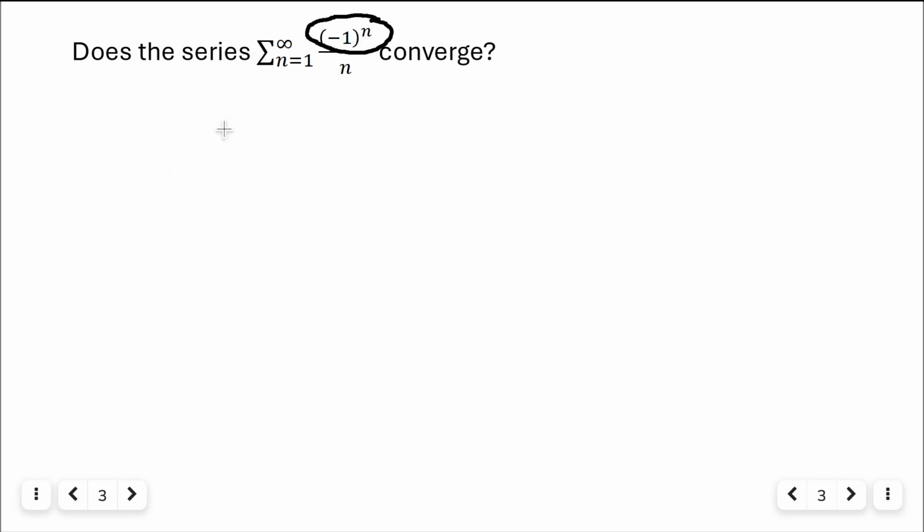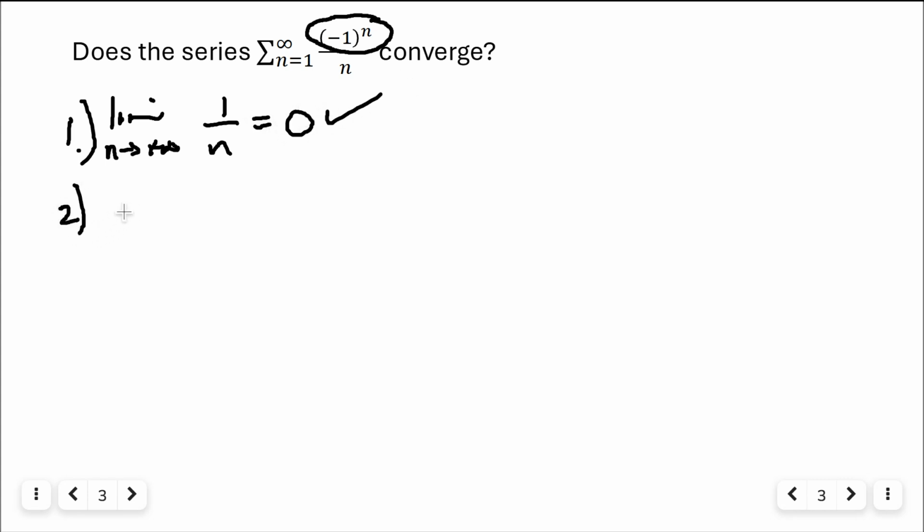But if it's an alternating series, then I can use the alternating series test to determine whether it converges or diverges. So the alternating series test says the limit as n goes to infinity of 1 over n, without the alternating part, has to be 0. And sure enough, that is 0. And then this has to be non-increasing, right? A sub n plus 1 has to be less than or equal to a sub n.